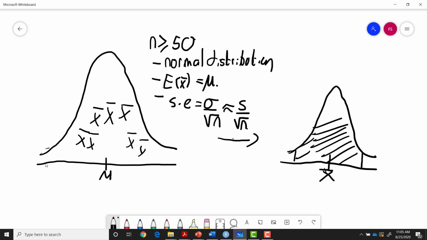And then we'll say something like, for example, we're 95% confident. Now, the non-technical way is to say we're 95% confident that the true mean is in this area of the curve.